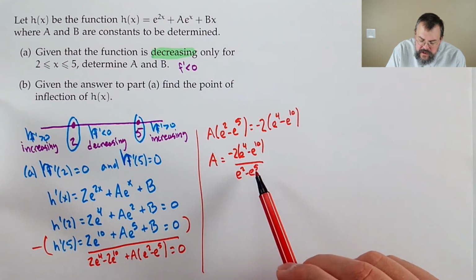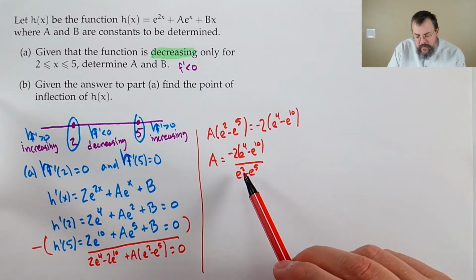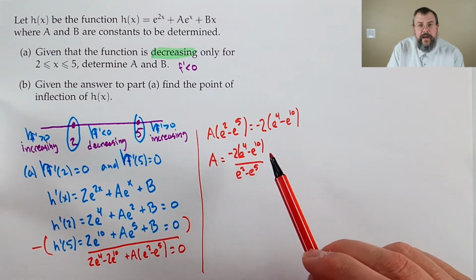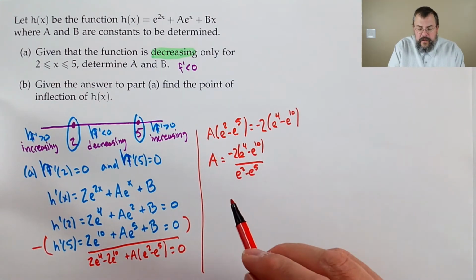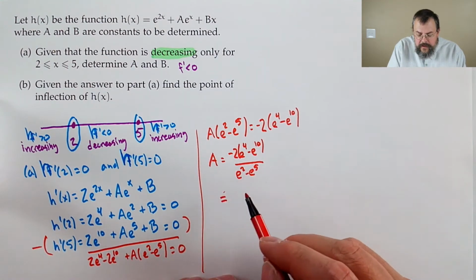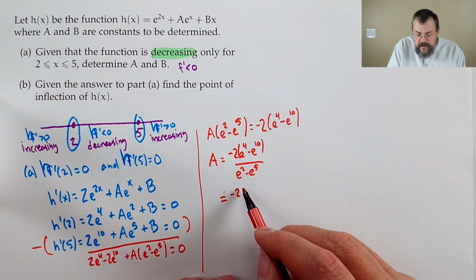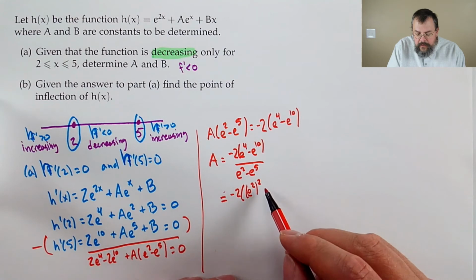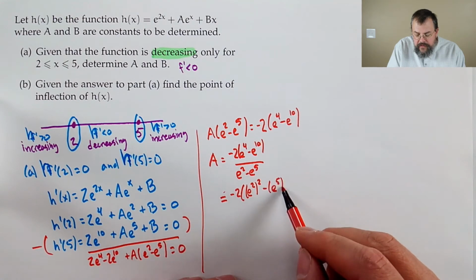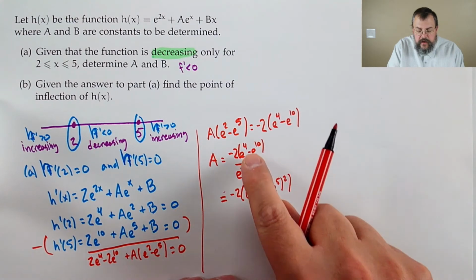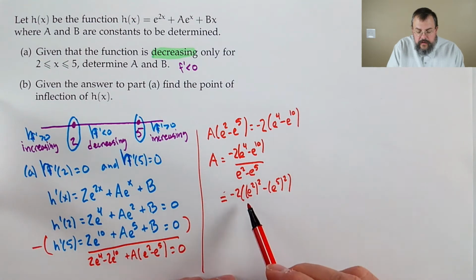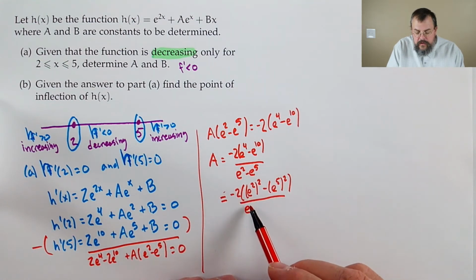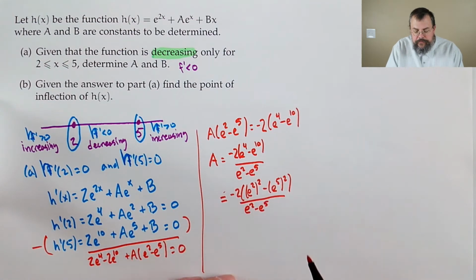Here's e squared minus e to the 5th. And what's the difference? Well, you're off by factors of 2. You know what you can do then? You can write this as minus 2 times e squared squared minus e to the 5th squared, right? That's e to the 4th, e to the 10th, over e squared minus e to the 5th.